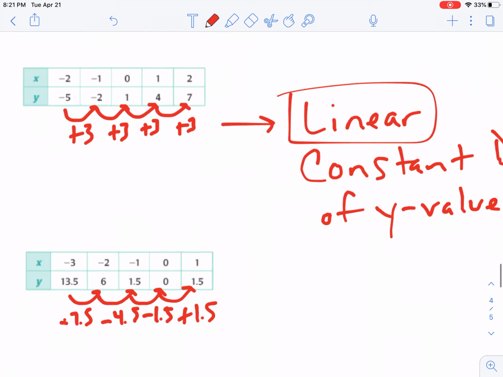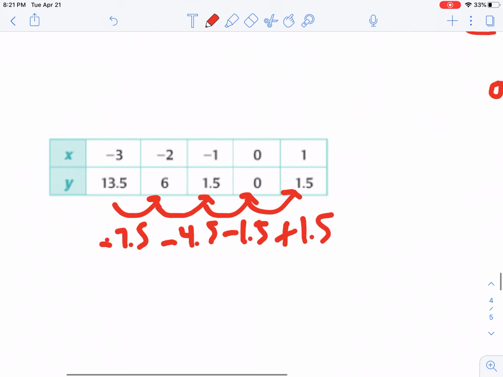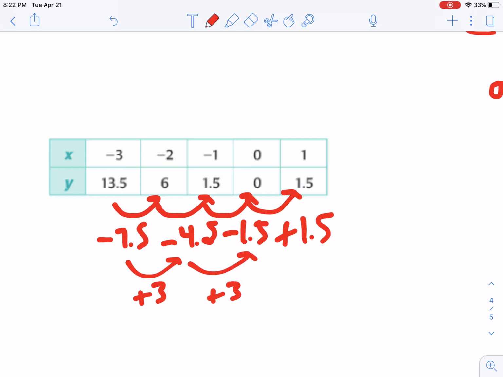But then with quadratics, you have to look at the second differences. You have to do the differences of those differences. So to go from negative 7.5 to negative 4.5, you're adding 3. To go from negative 4.5 to negative 1.5, you're adding 3. And then to go from negative 1.5 to positive 1.5, you're adding 3 again.